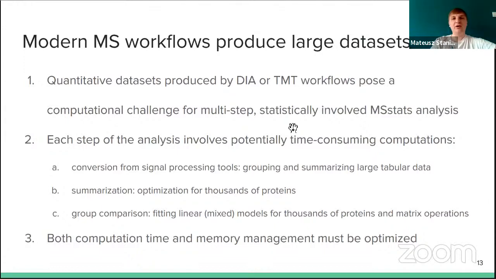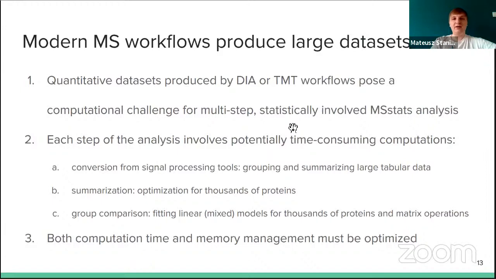Then, when we go to the data process step of summarization, in the end, we do a summary step, which requires optimization for thousands of proteins, and those numbers of proteins are growing. And then, as we move to the group comparison, statistical part of the analysis, we need to, again, fit models for thousands of proteins, plus use some matrix operations to get our estimates.